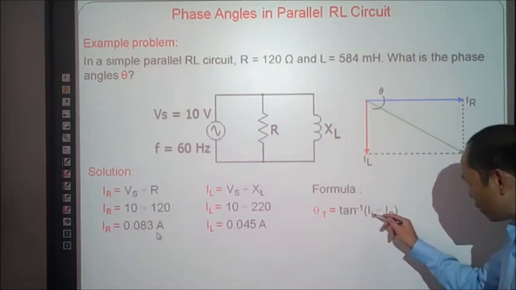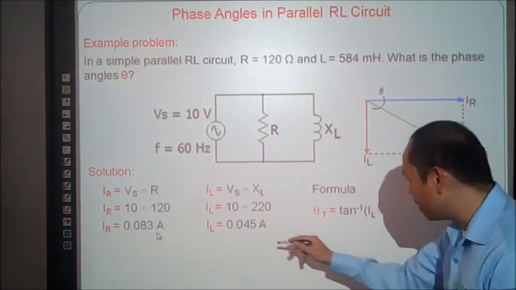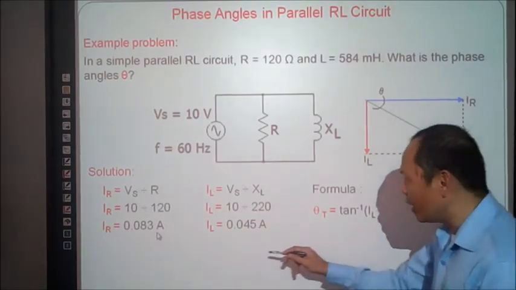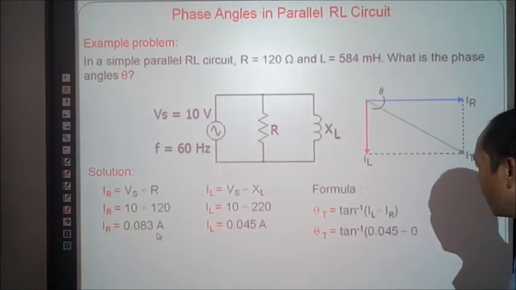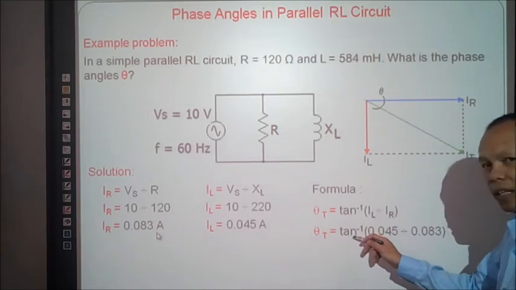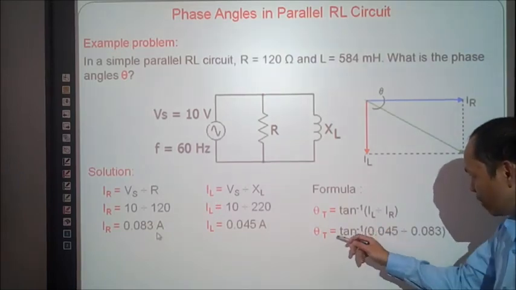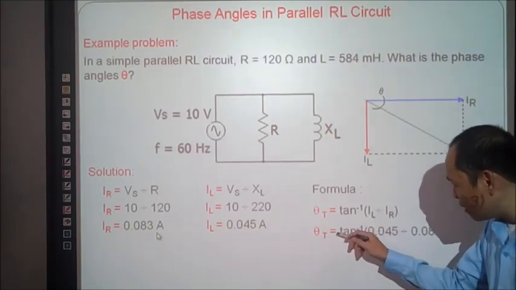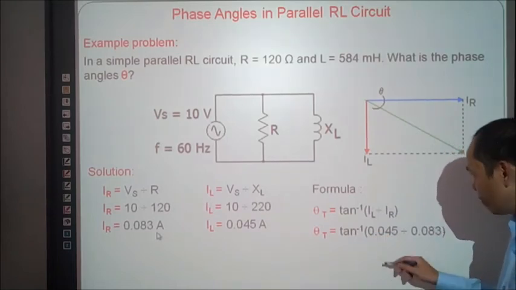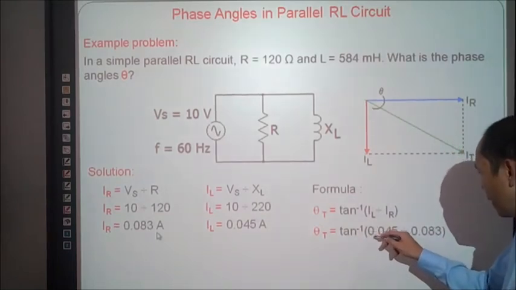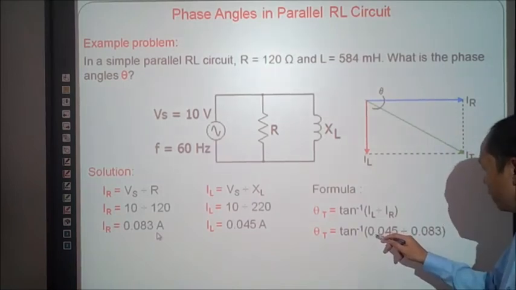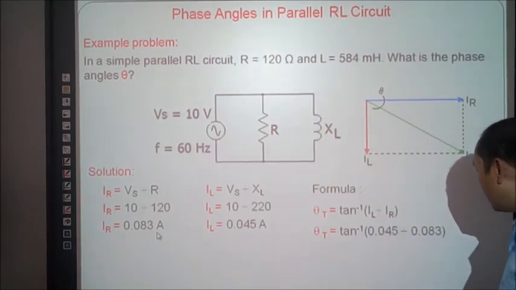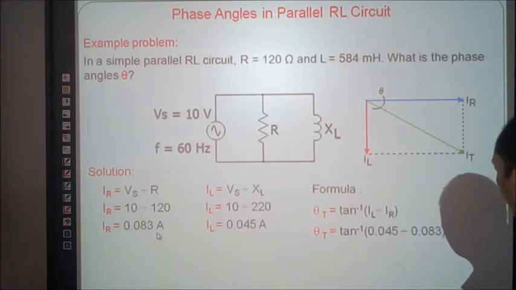Substitute the value of IL and the value of IR: inverse tangent of 0.045 divided by 0.083.